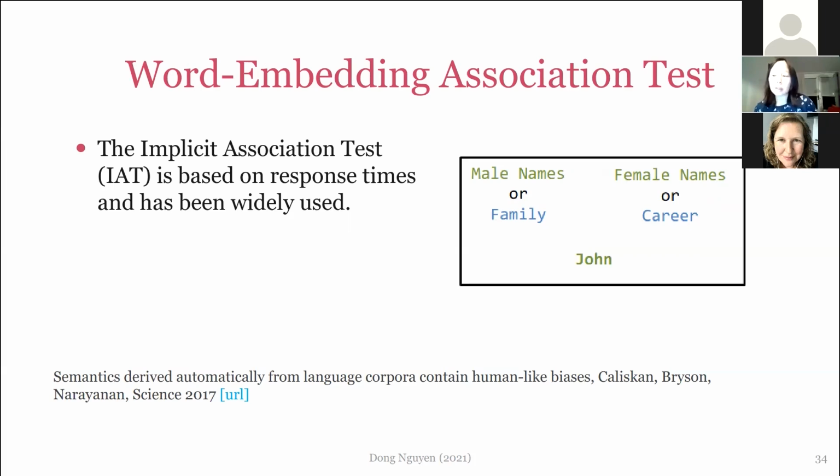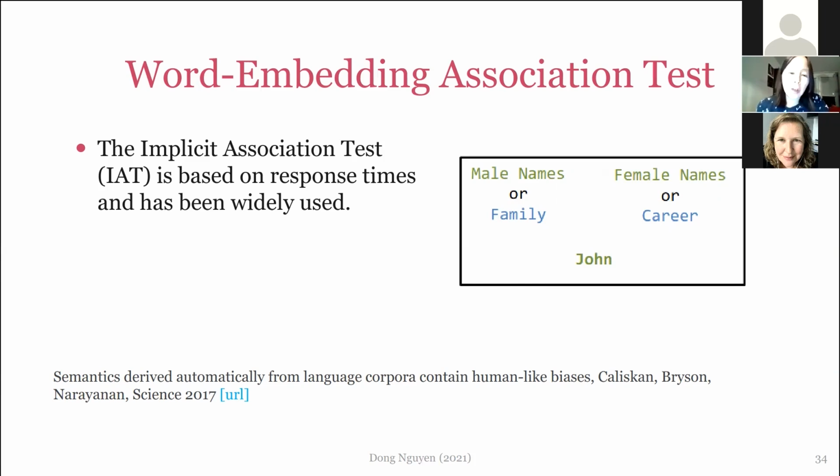We also see two other words, family and career. And the idea is that if, let's say, family is more associated with male names and career is more associated with female names, then it's easier to do the categorization than when family is more associated with female names and career is more associated with male names. Right?